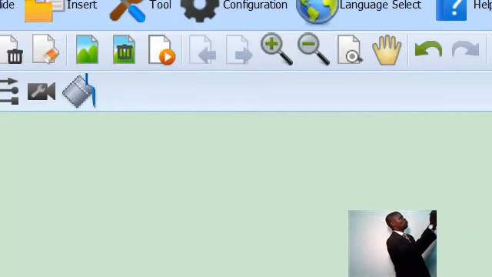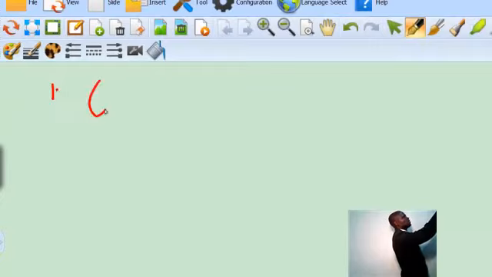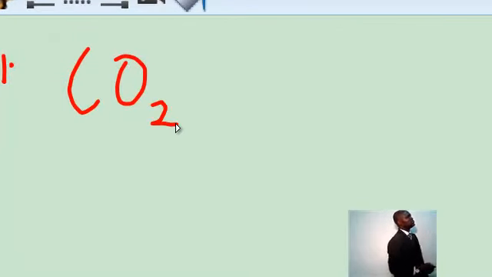A good example that I want you to understand in calculating oxidation state, we are going to look at two of them. The first one, you consider carbon dioxide, CO2. And I'll underline carbon because I want to find the oxidation number of carbon. The one I want to find is indicated by x because it is unknown.